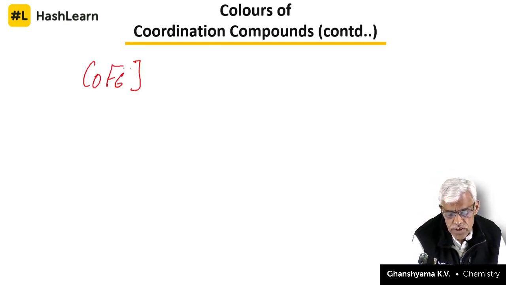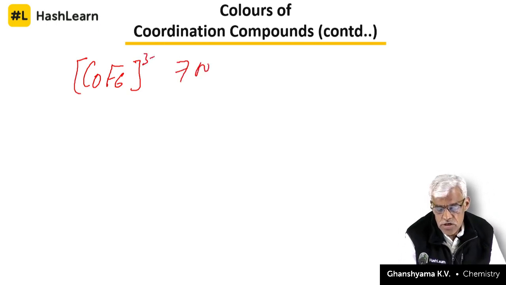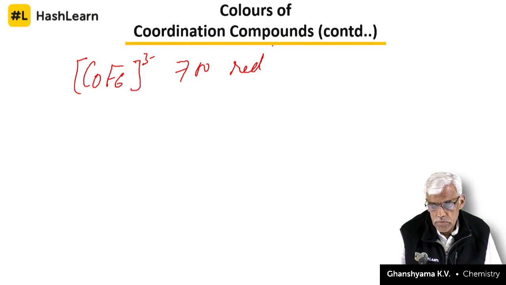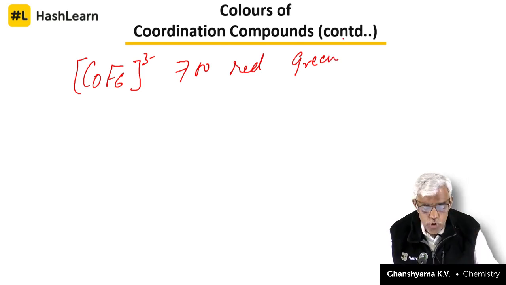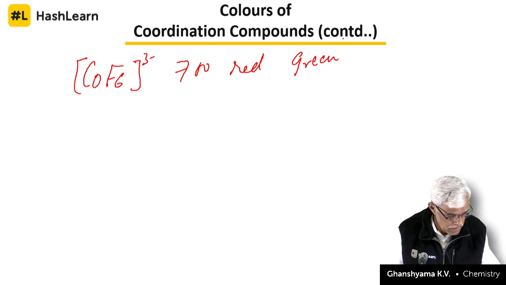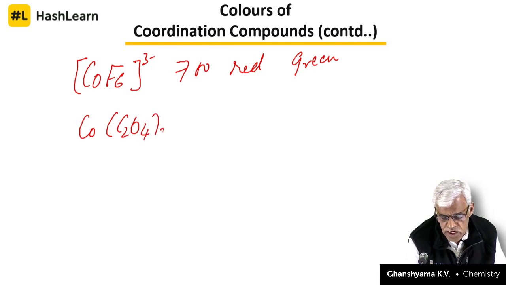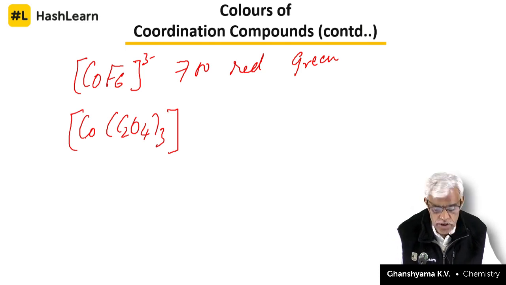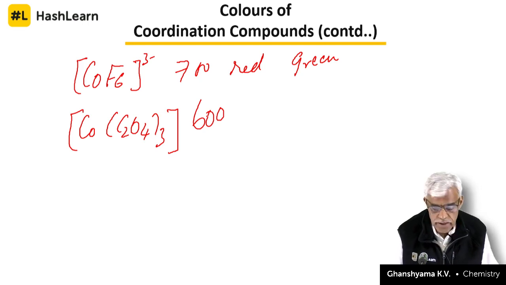[Co(F)6]3- absorbs energy in the 700 nanometer region, that is the red light region. It appears green or maybe slightly bluish green, whereas Co with (C2O4)3, oxalato, this is fluorido, this is oxalato, the absorption band shifts to the lower one, 600.